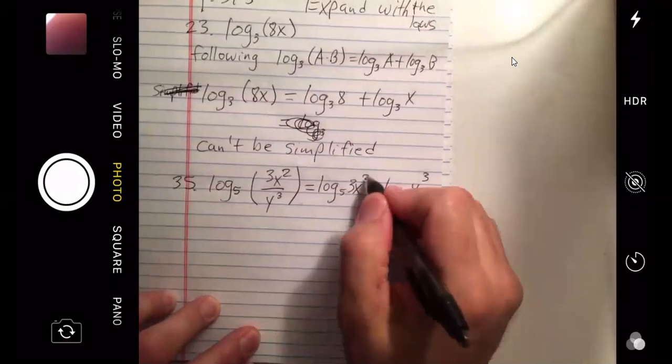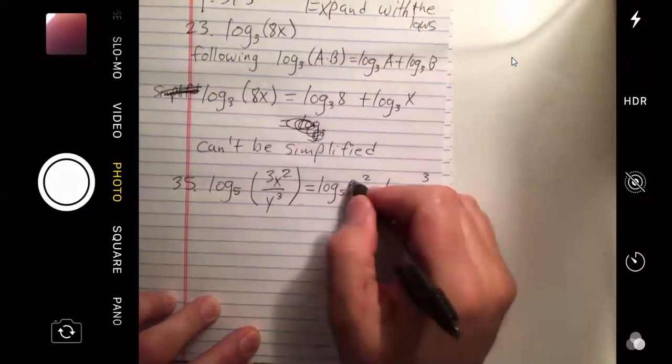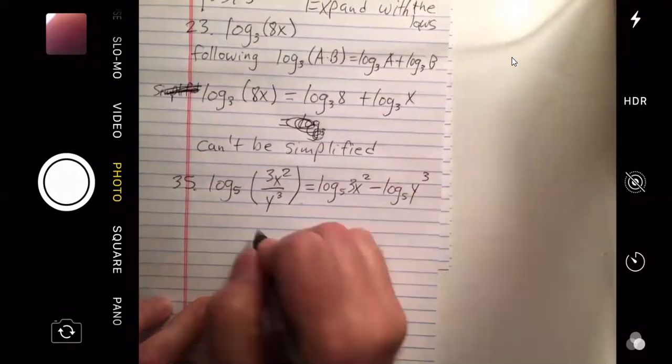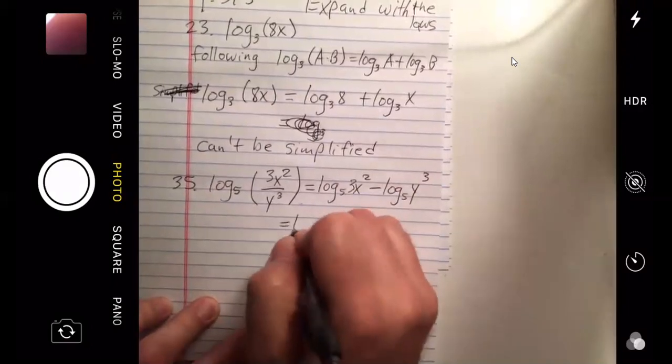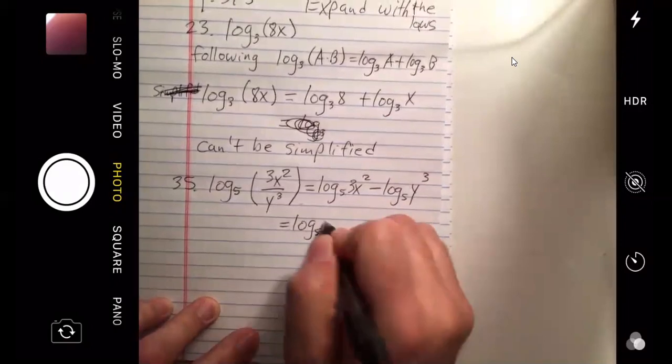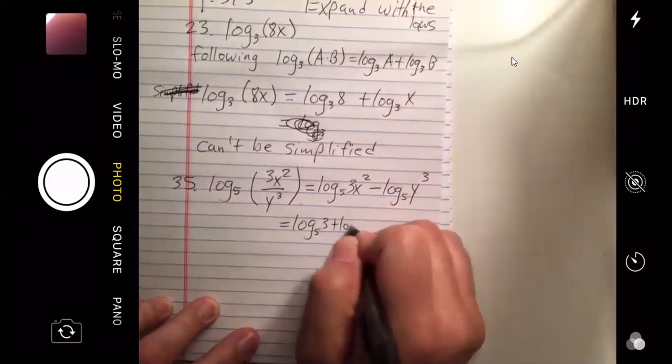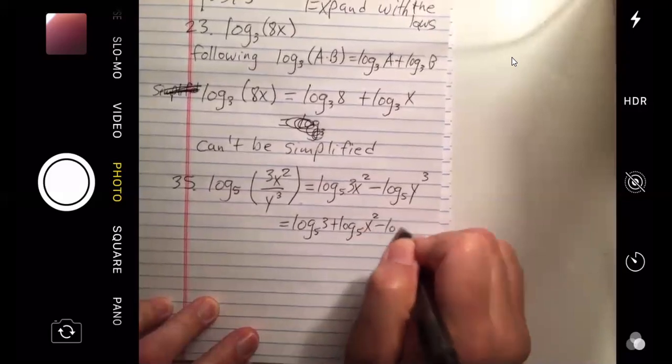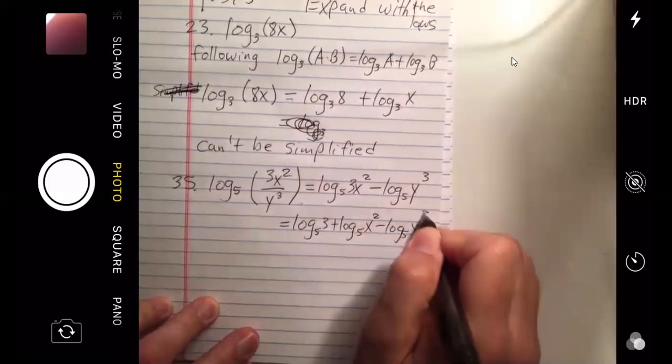And now these things work. This is law 1, and then this is going to bring the power to the front. This is log base 5 of 3, add the log base 5 of x squared, subtract the log base 5 of y cubed.